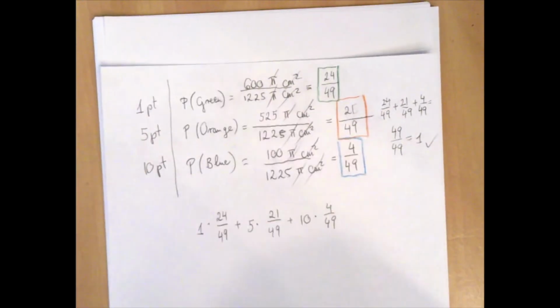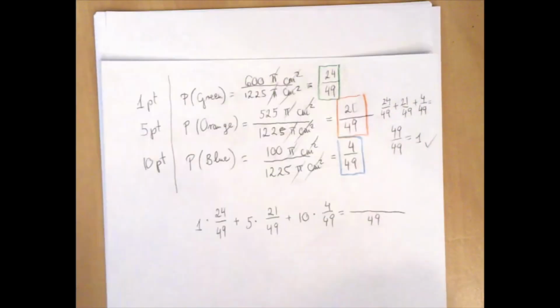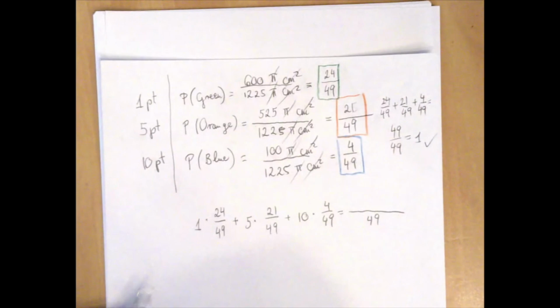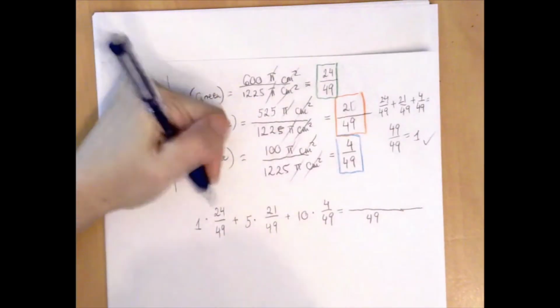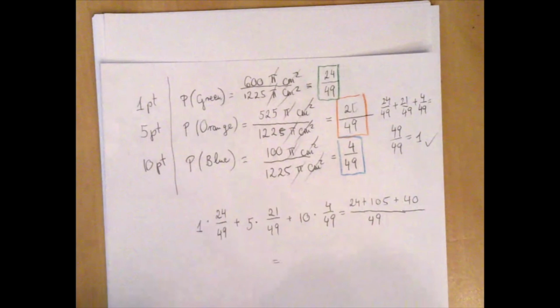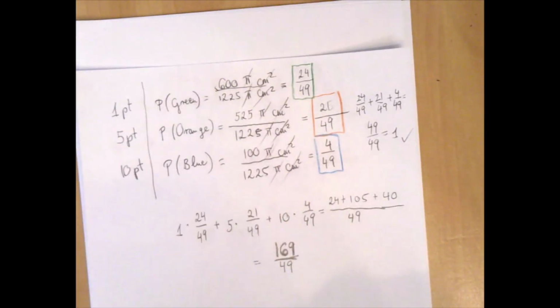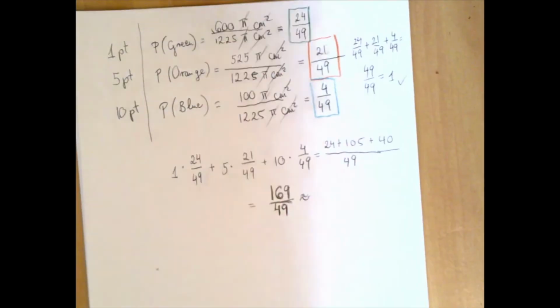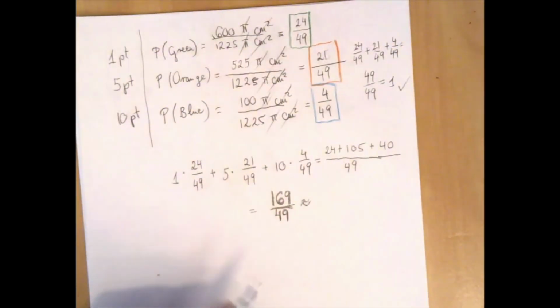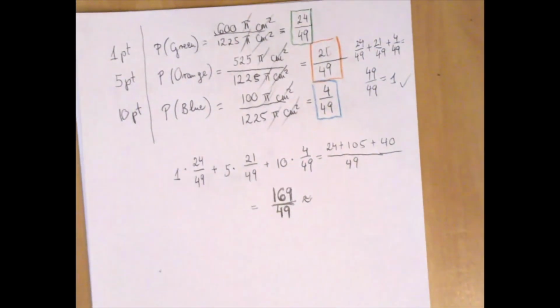And 4 times out of 49, we get 10 points. Keeping the common denominator of 49, the numerator is 24 plus 105 plus 40, which is 169, divided by 49. This is the exact value of the expected number of points.